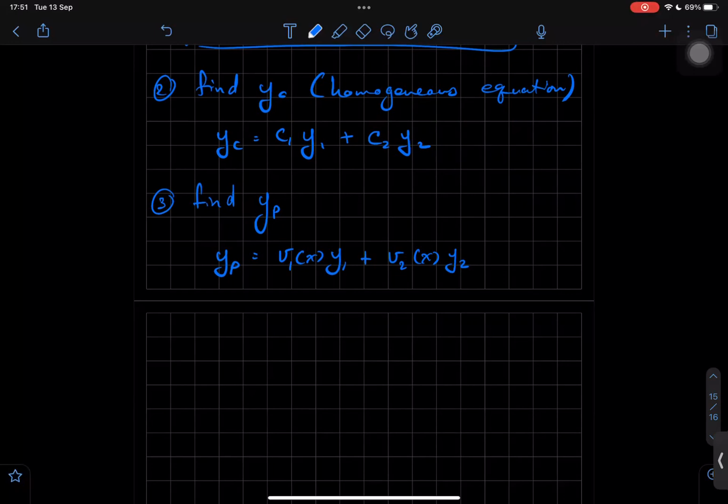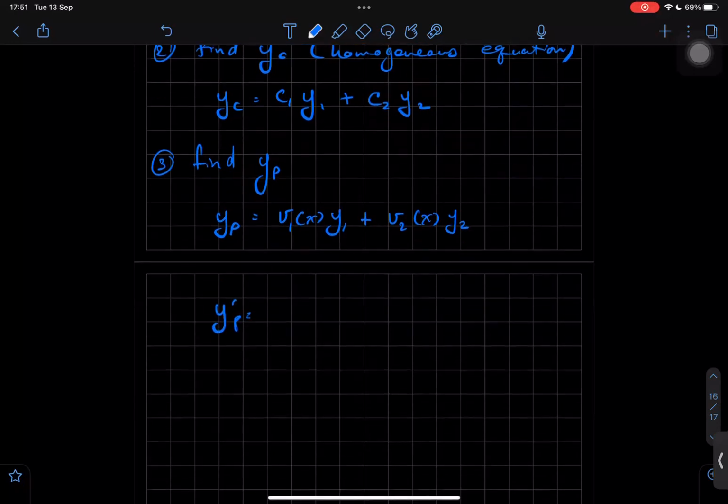Now you differentiate this one. So yp prime is going to be v1 y1 prime plus v2 y2 prime plus v1 prime y1 plus v2 prime y2, like this, and differentiate again.